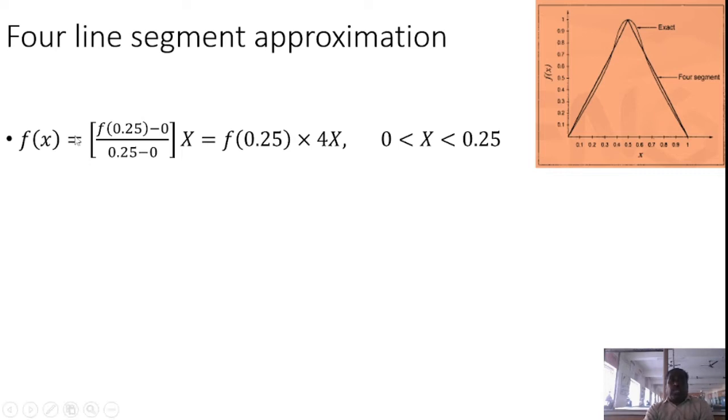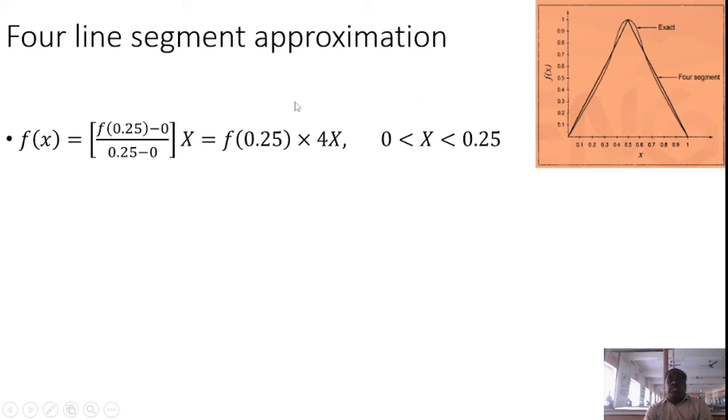Here f of x is equal to the function of 0.25, because the first line starts from 0 and ends at 0.25. So the function can be explained as f of 0.25, where the line starts from 0. So f of 0.25 minus 0 divided by where the point ended, 0.25 minus 0, into the domain.